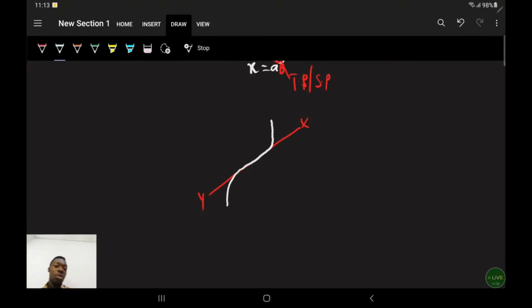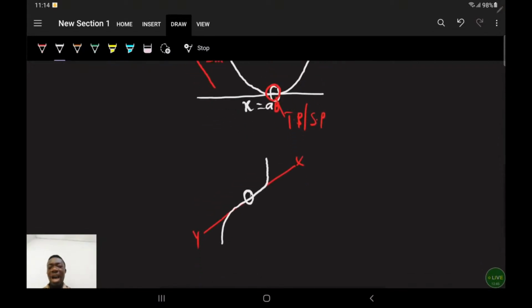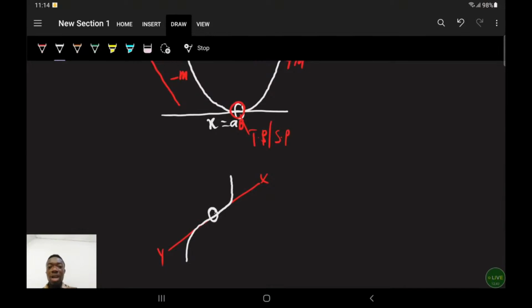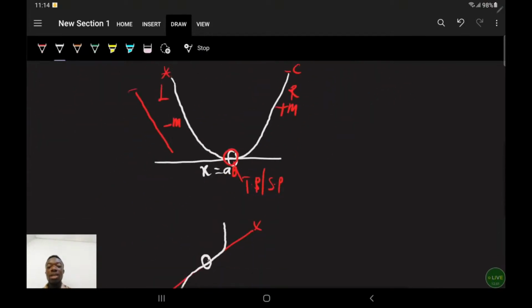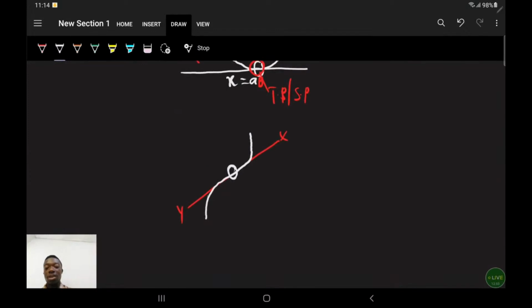So when it comes to the point of inflection, with line xy as our gradient, once you see this, we are saying that at this point we have the point of inflection. Why? Because this curve has part of it looking like a maximum, where from this side it more or less wanted to become a maximum curve, but then it gets to this point and the line is flat with the gradient line.